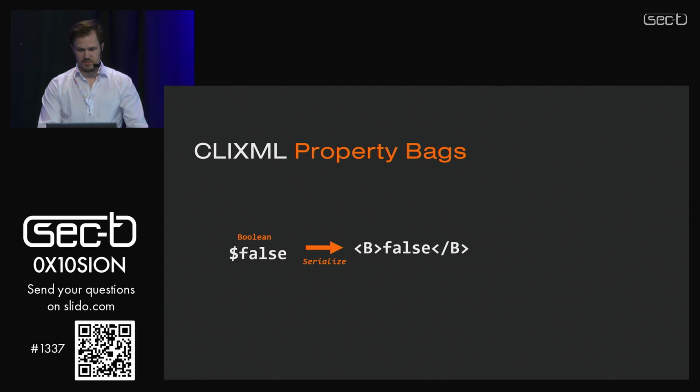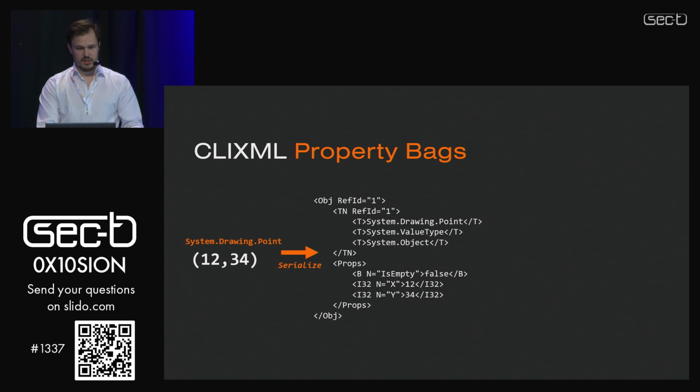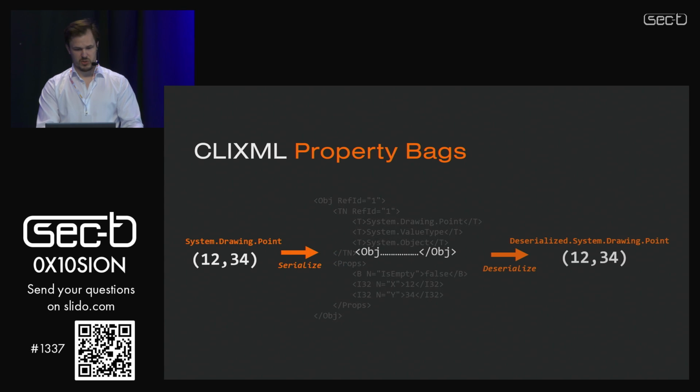So one very important concept here is that we have something called property bags. If you take, for example, a Boolean, you serialize it to this B false B, and you deserialize it again, then you're going to get an actual Boolean. It makes sense, right? What if we serialize this System.Drawing.Point, and then we deserialize it?